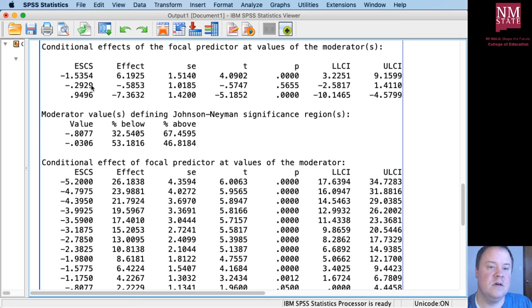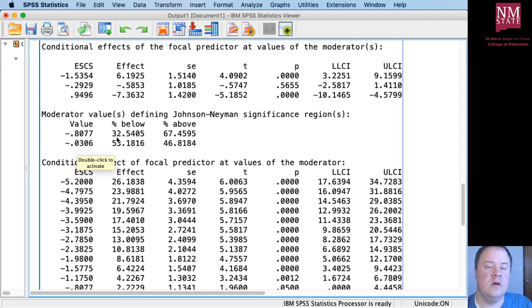So negative 0.8 is between this negative 0.29 and the negative 1.5, and the negative 0.036 is between the negative 0.29 and the positive 0.94. No, I take that back. No, that's right. Yep.